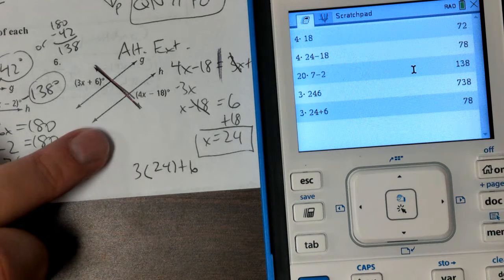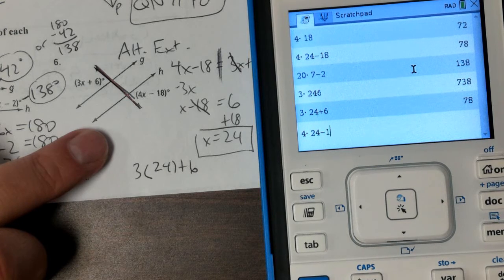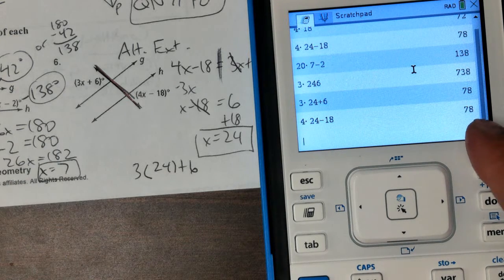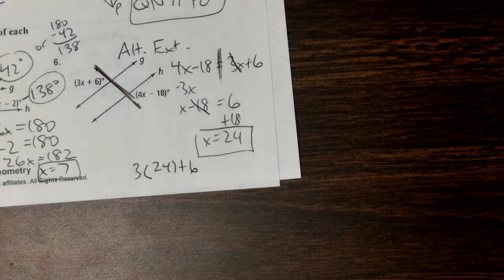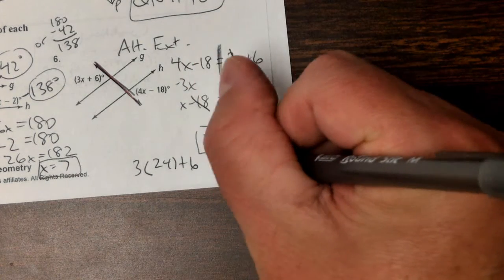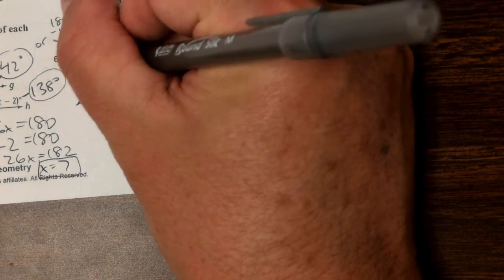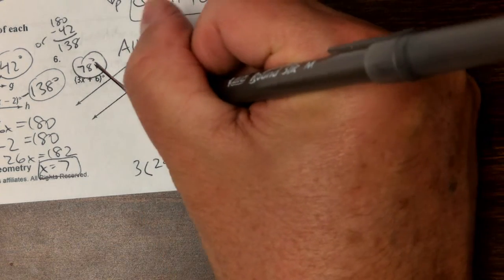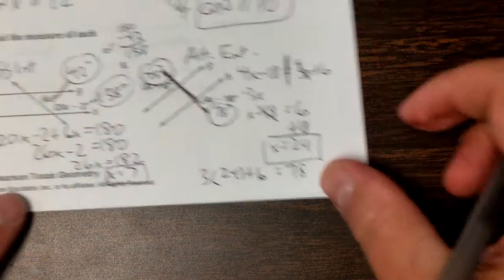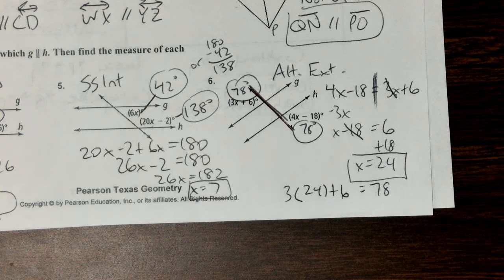And if you did 4 times 24 minus 18, you also get 78. So that's how you know you did it right. So both of these are 78 degrees. Remember, they were alternate exterior, and so they were equal.